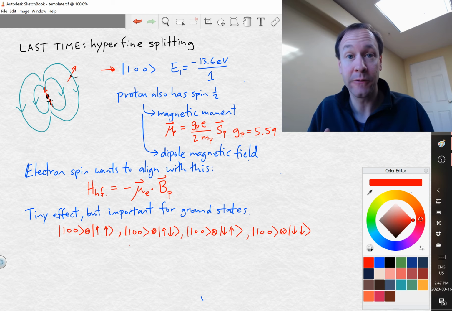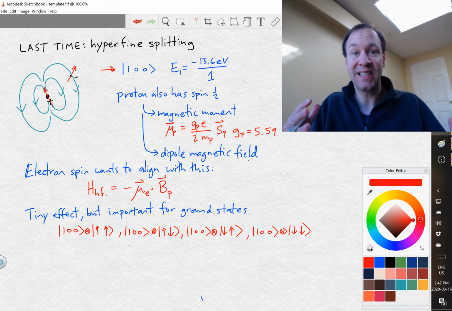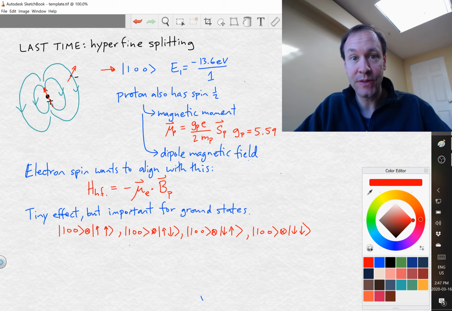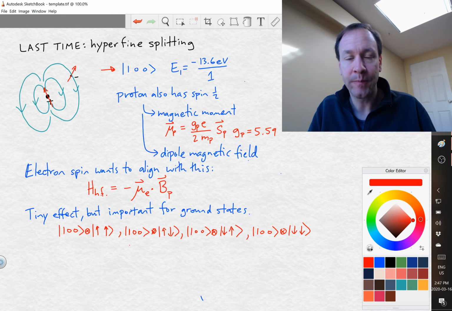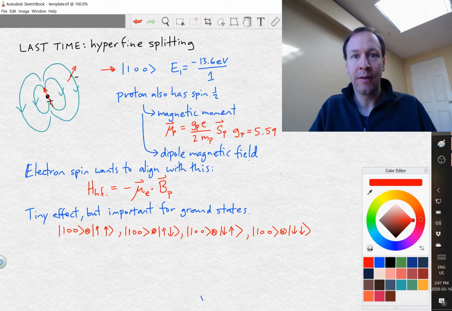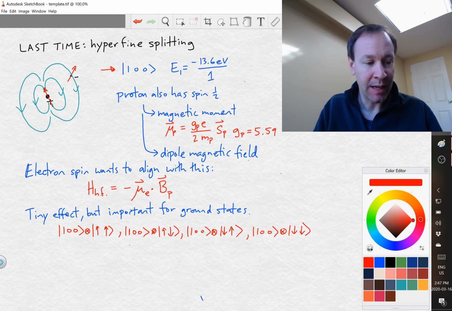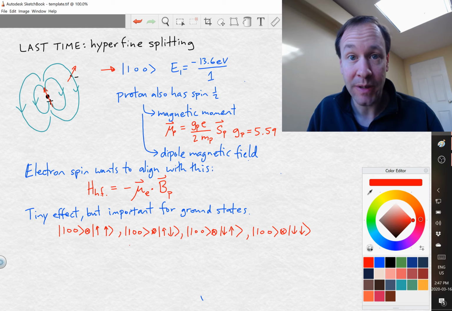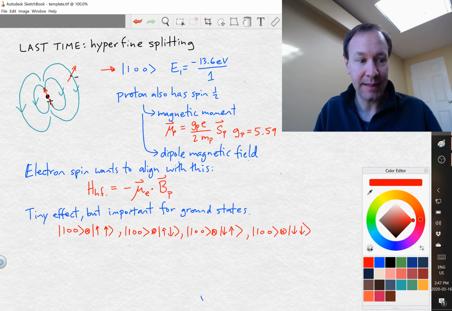So those are the 4 basis elements in our space of ground states before we add this interaction. And now we add the interaction, and what we want to know is what happens to the ground state energy. Does it get split? How much is the splitting? And so we're going to use degenerate perturbation theory in order to do that.